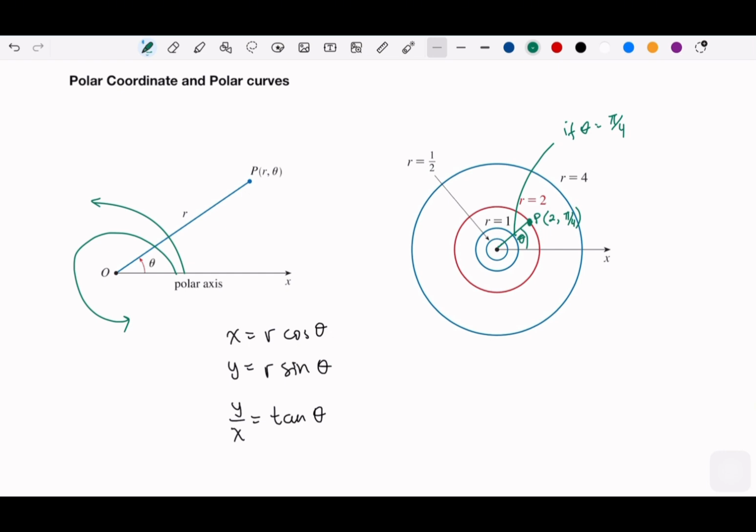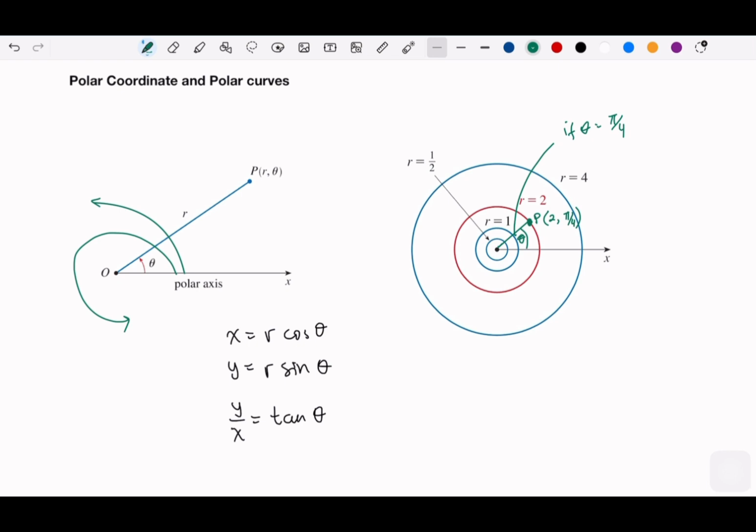But how do we write it? How do we write if the radius is negative? How do we pinpoint the negative?